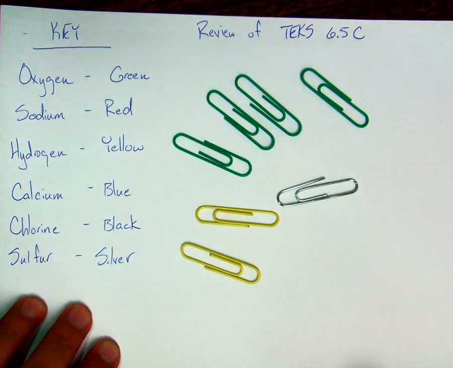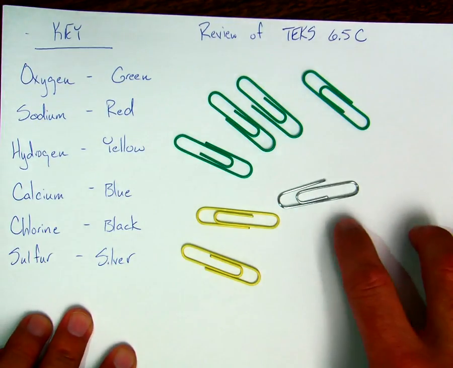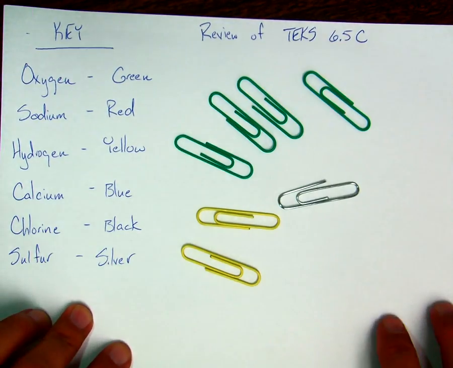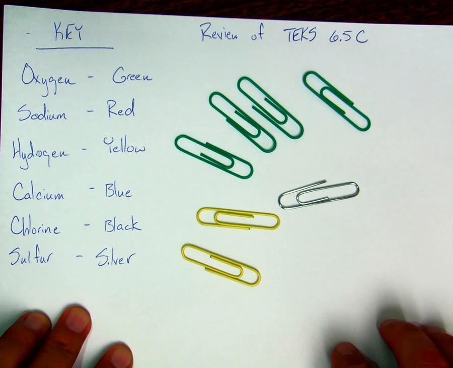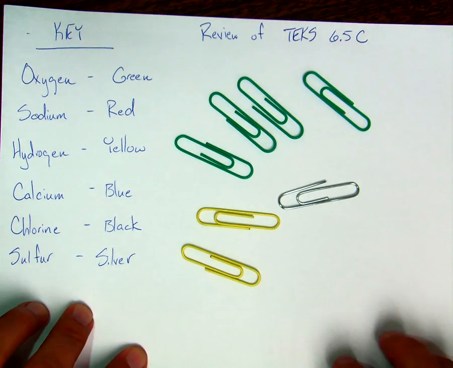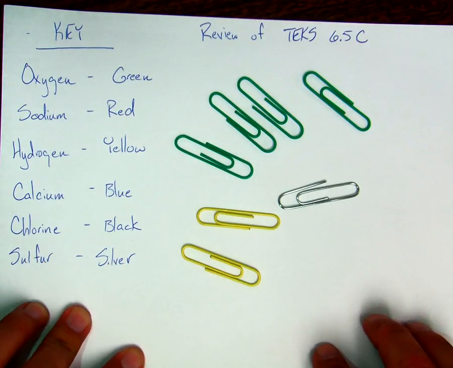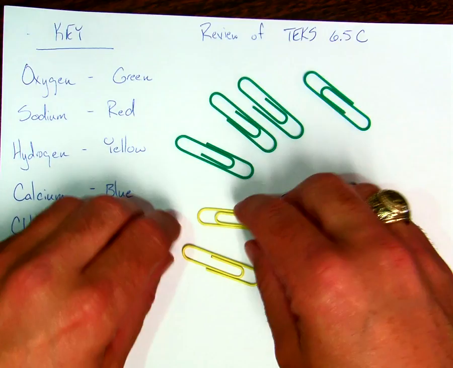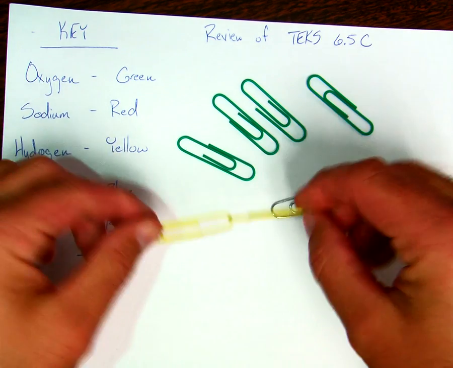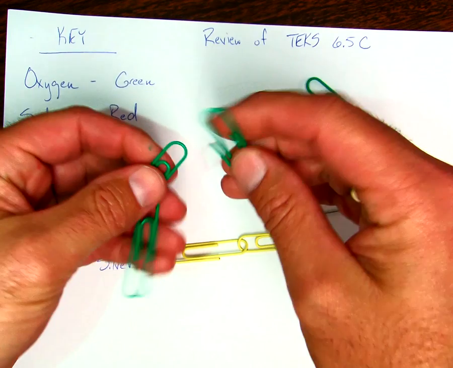So if you're just looking at what you have on the paper, it looks like we have 4 oxygens, 1 sulfur, and 2 hydrogens. Sitting like this in the same container, it would be a mixture. We have a bunch of different elements represented. At this point, nothing is chemically bonded together. So if we were to bond these together, we could take these right here and put that like that, and of course mix all these together and chemically bond those.